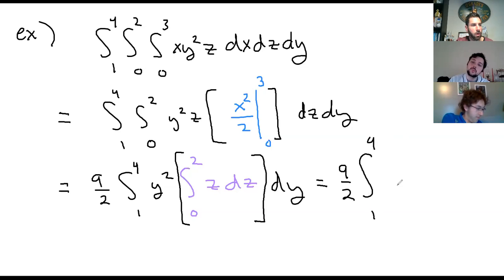This integral becomes z squared over 2, so you get 2 squared over 2, and all that's left is my y squared dy.